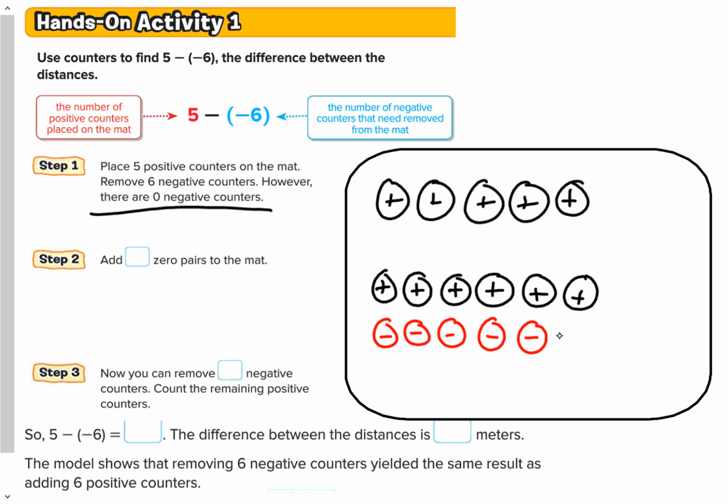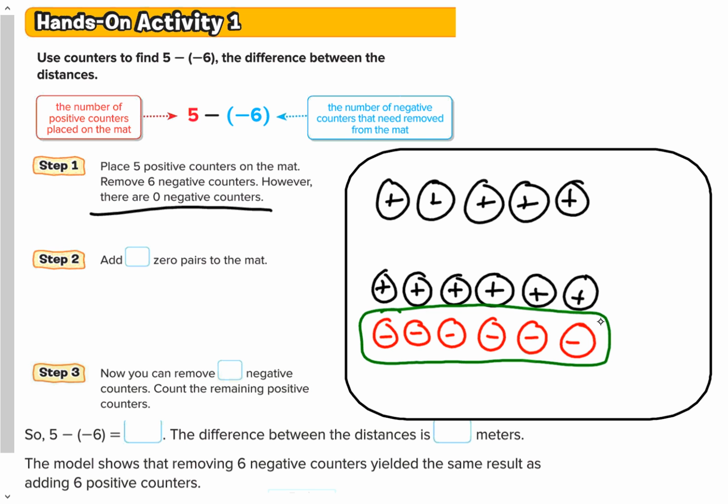If you look at this board, I know there's a lot of chips on it, but these actually equal 0. They don't have any value. So technically, I still have a value of 5 on the board. But now I have my 6 negative counters that I can take away. I couldn't take away 6 negative counters originally because they weren't on the board.